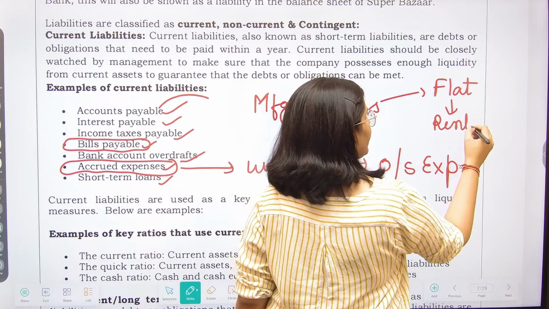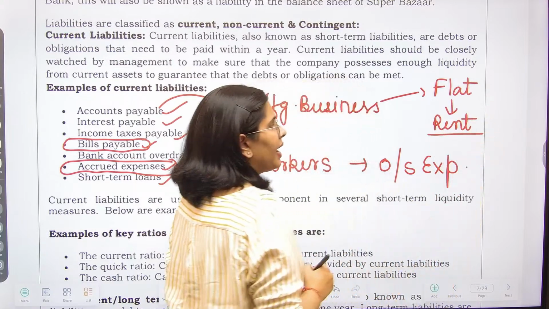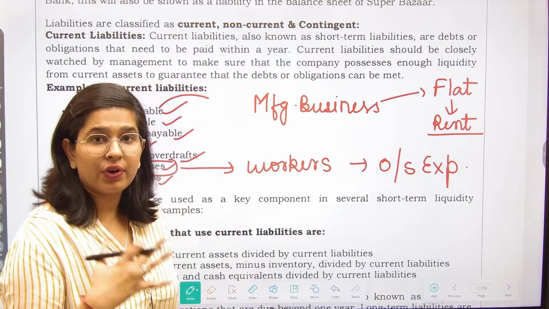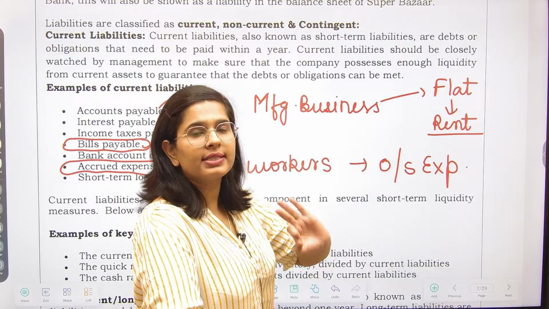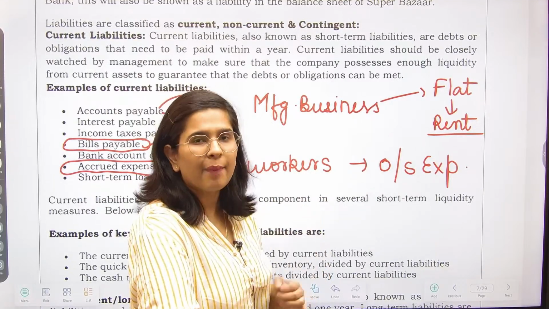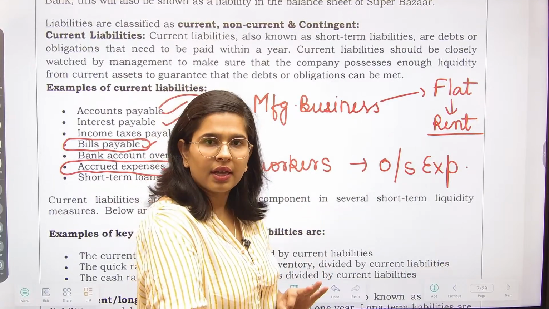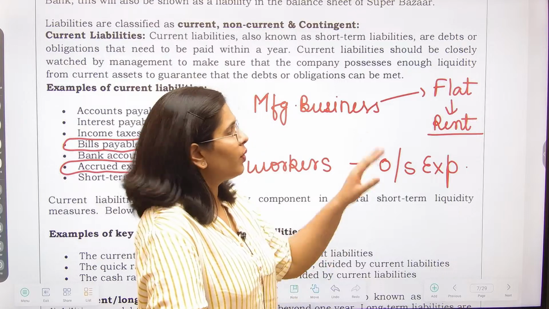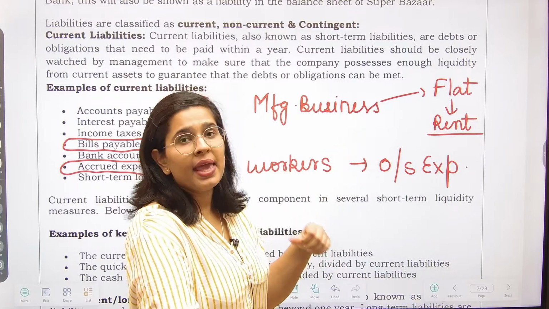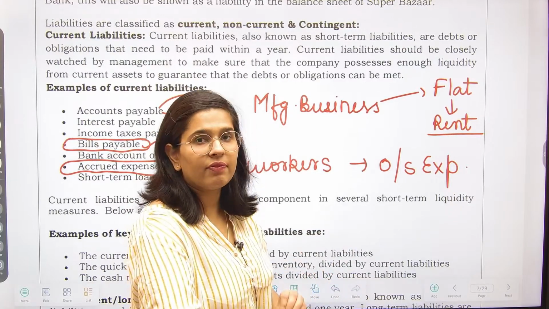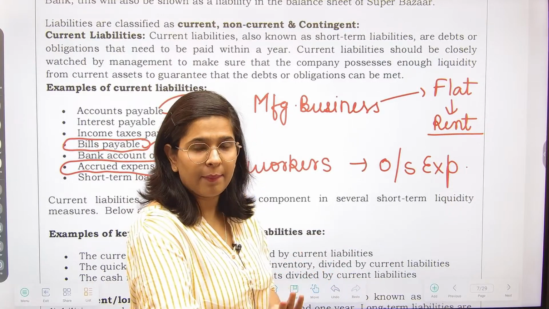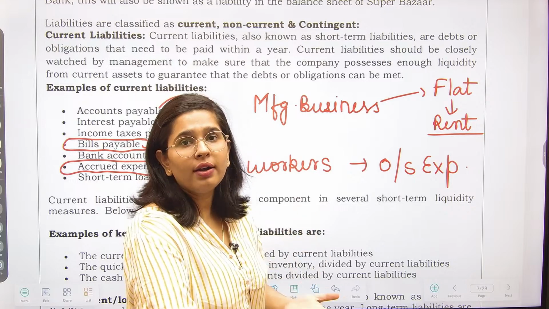The month has already been completed and now you will receive rent. Rent is your income, but you have not received it till now. Correct? So this is why it will be called accrued income. Any income for the business which has not been received will be called accrued income. Already earned but not received.